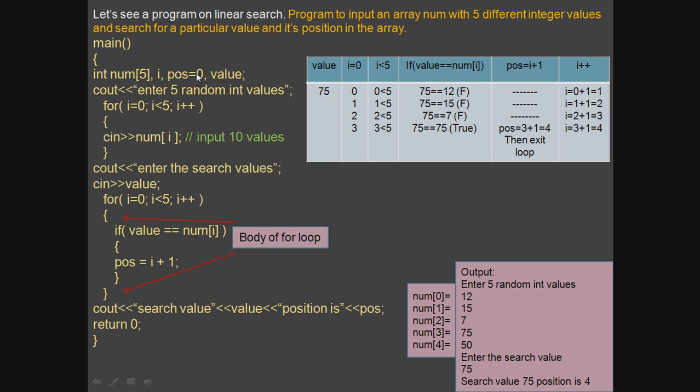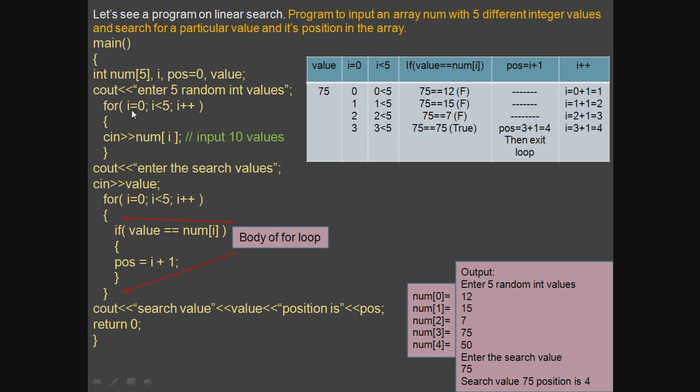After declaring the variables, the next step is a prompt on the monitor screen: cout enter 5 random integer values. Now using the for loop, you enter the values one at a time. Here i equals 0, so initialization is done for the counter variable, and initialization is done only once. Then the test is 0 is less than 5. It is not less than or equal to, because then the loop would continue 6 times.